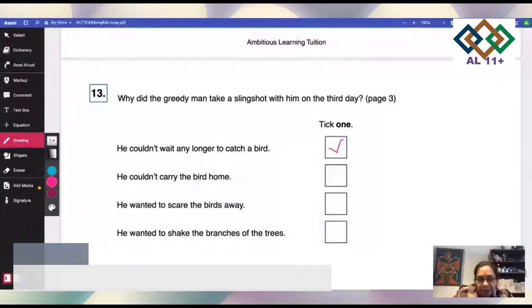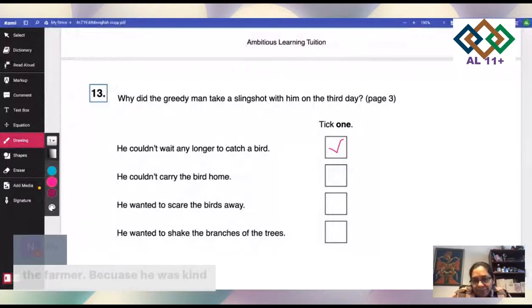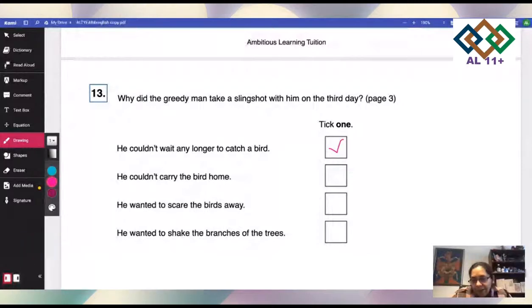Remember? The farmer, because he was so kind and good-hearted. Good. So all of you basically, right? Nobody likes the greedy man.